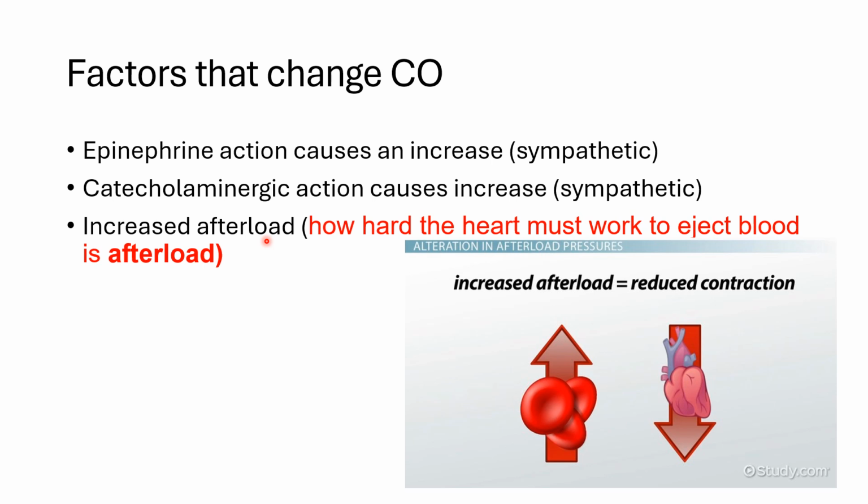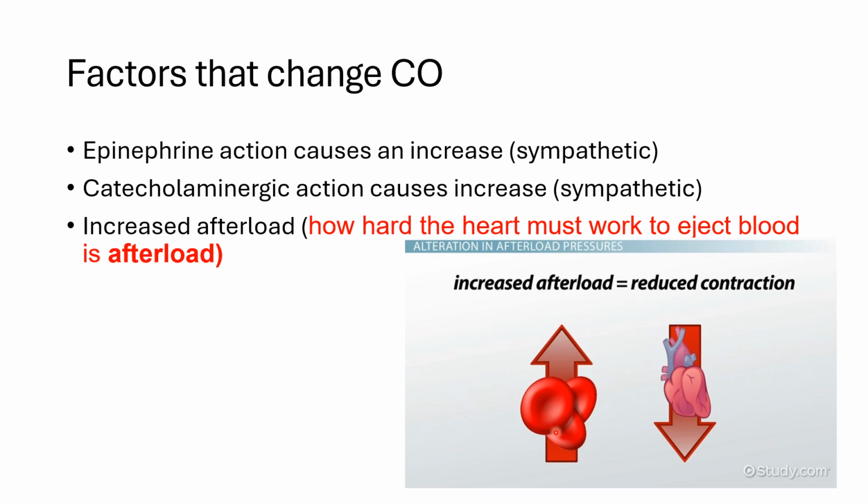Cardiac output will be decreased when the afterload of the heart is increased. So if the heart is working really hard to eject blood, that is its afterload. How hard it has to work to eject the blood is its afterload. An increased afterload reduces the contraction.